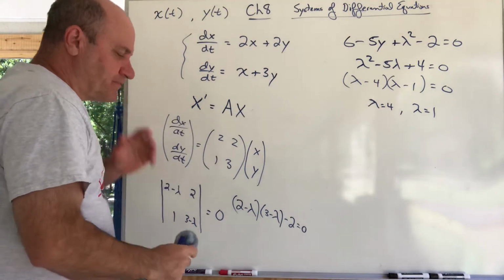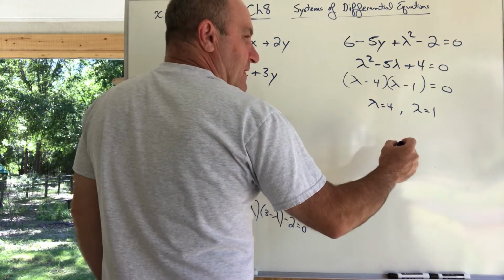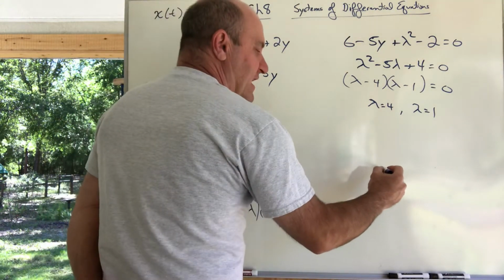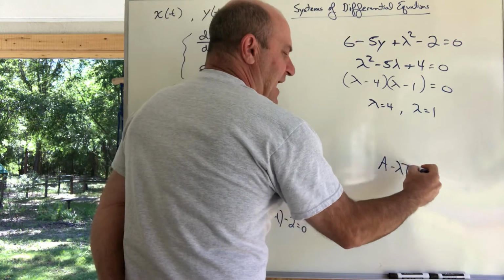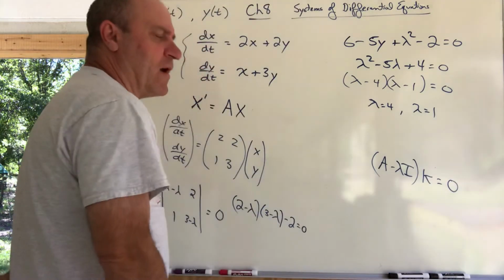Now, the thing I erased there said A minus lambda I times K equals 0. I had that on the board a little while ago.